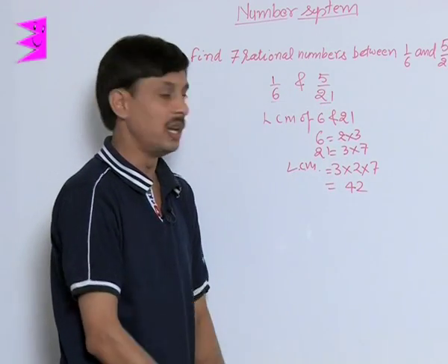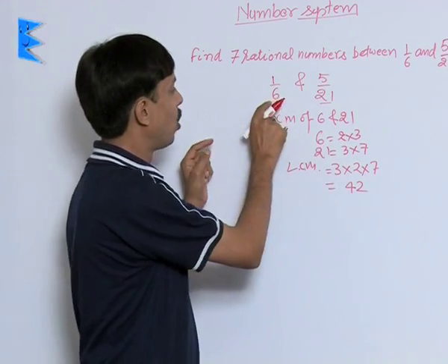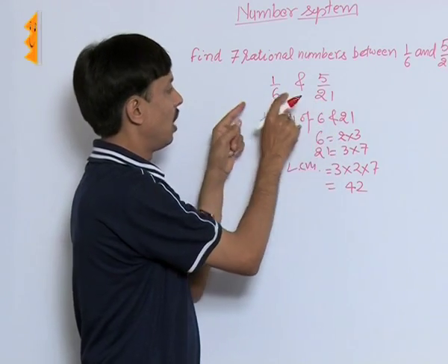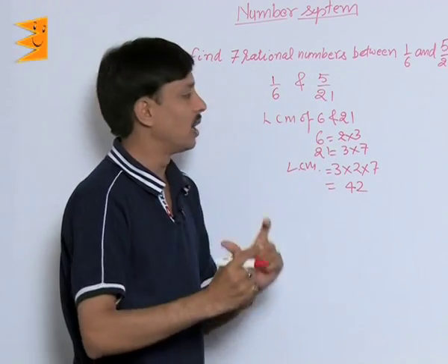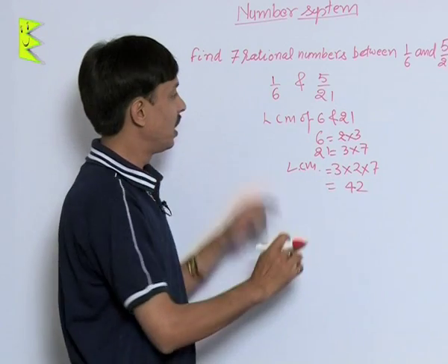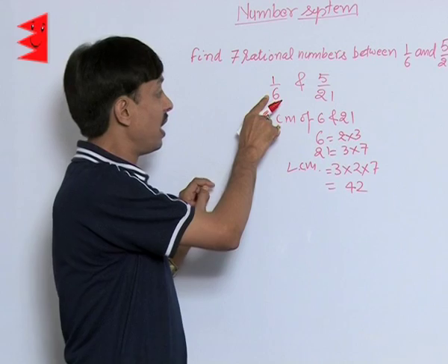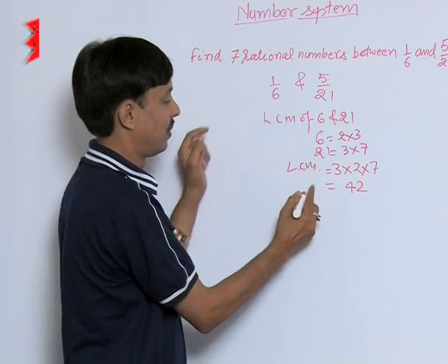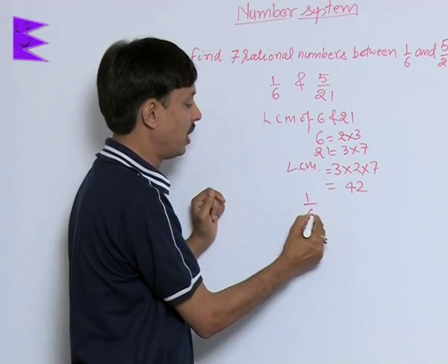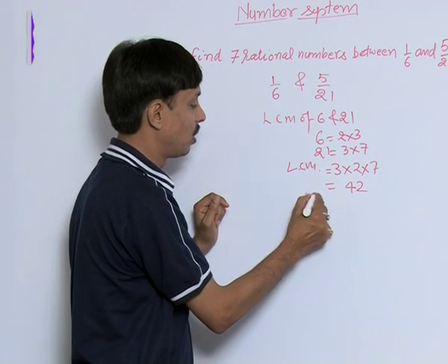So it means the denominator of both numbers must be 42. It is possible if I multiply this denominator by 7, it is mandatory to multiply the numerator also by 7.